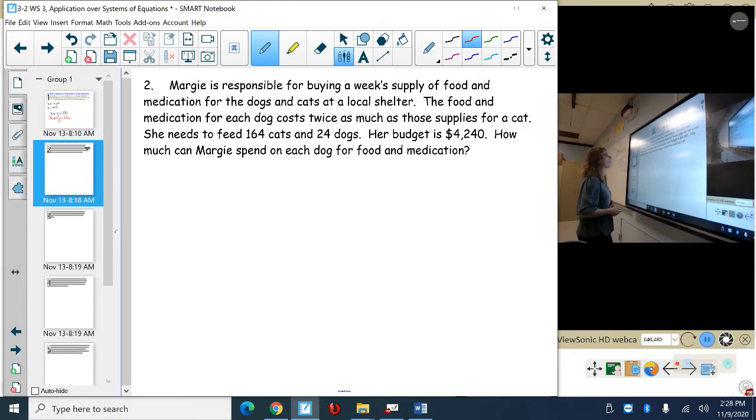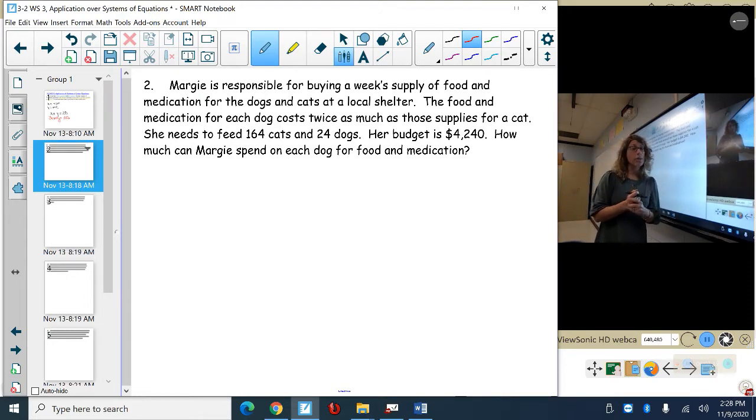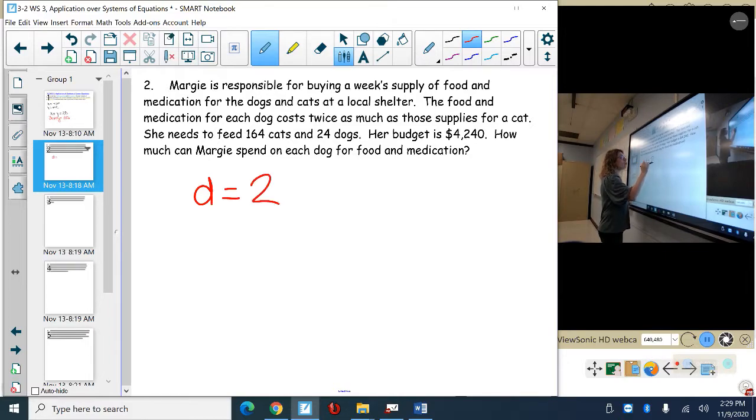Number 2. Margie is responsible for buying a week's supply of food and medication for the dogs and cats at a local shelter. The food and medication for each dog costs twice as much as those supplies for a cat. So I am comparing cats and dogs here, aren't I? So each dog costs twice as much of the supplies for a cat. So my dog is equal to 2 times my cat, isn't it?